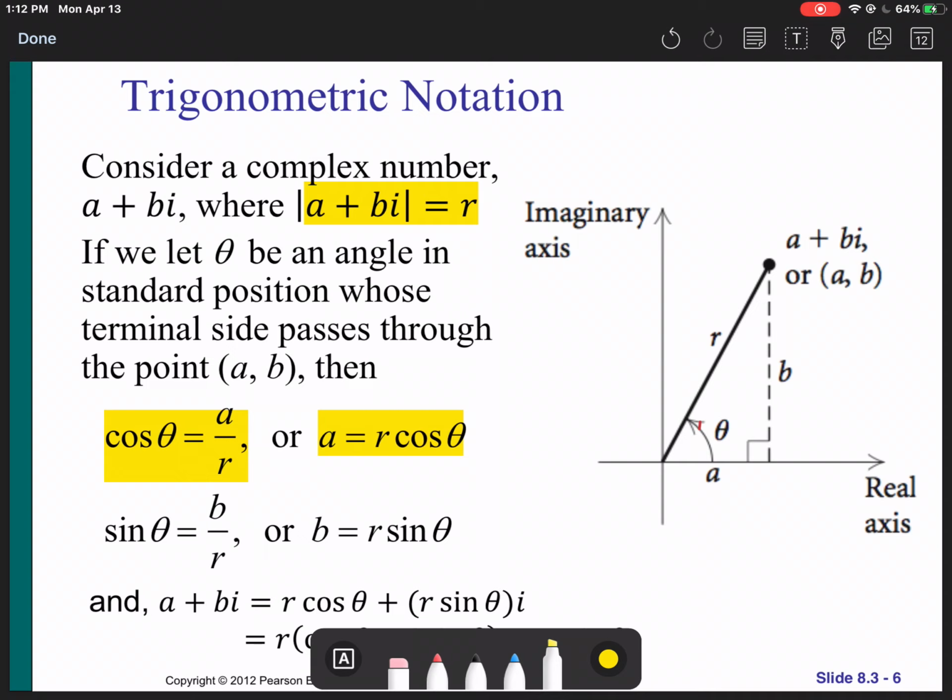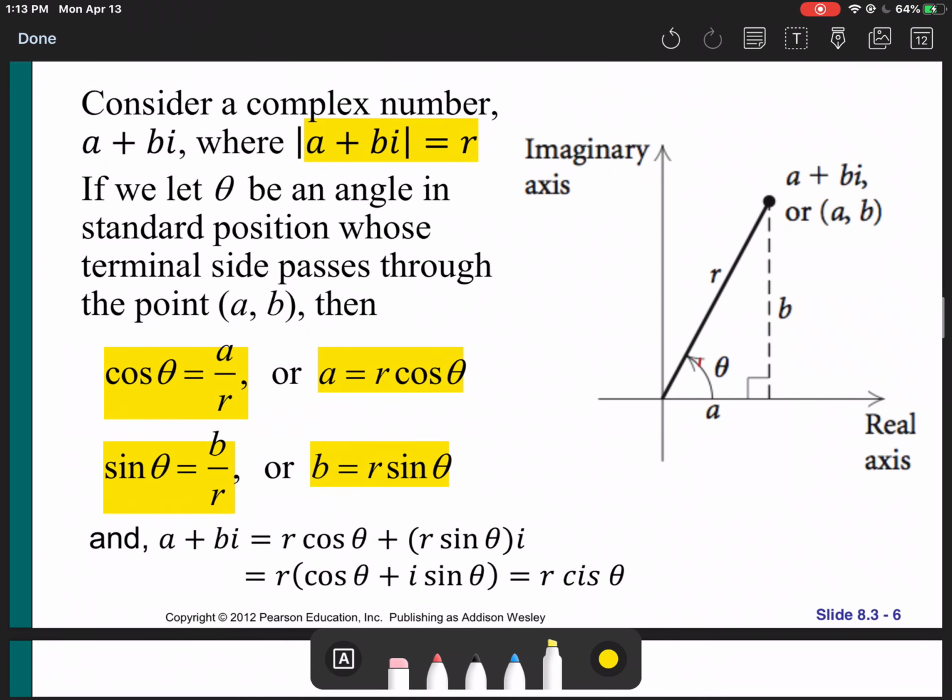We also have the sine of theta, instead of y over r, we're just replacing y with b, so I've got b over r. And so I could equivalently say then that b is equal to r sine theta. All right, so it's just another use of that basic right triangle definition of our trig functions, sine and cosine.